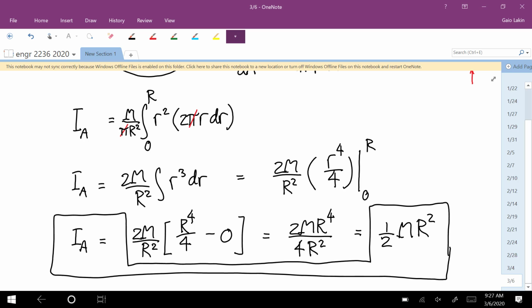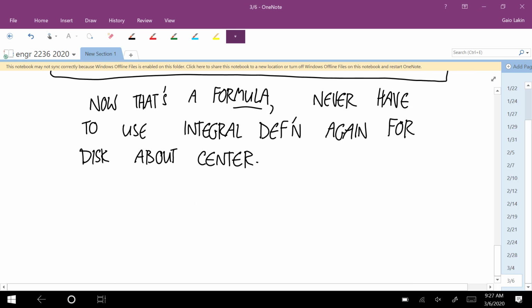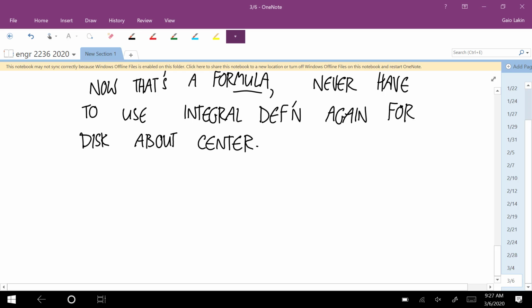Okay. So now let's figure out what happens if this disk is rotating like a blade. No, we just did a blade. If it's rotating like a paddle, let's figure out what the mass moment of inertia is there.